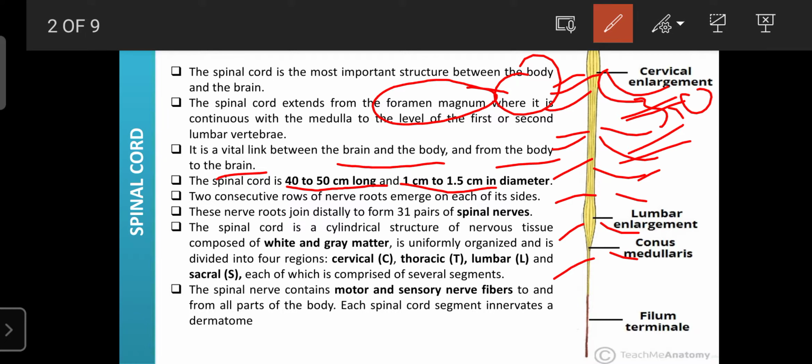So whatever part of the spinal cord is present in the cervical vertebral column is known as the cervical region. Those present along the thoracic vertebral column are known as the thoracic region. Like that, we have the lumbar region as well as the sacral region. As you know, the spinal cord conveys both motor as well as sensory information due to the presence of motor and sensory nerve fibers.